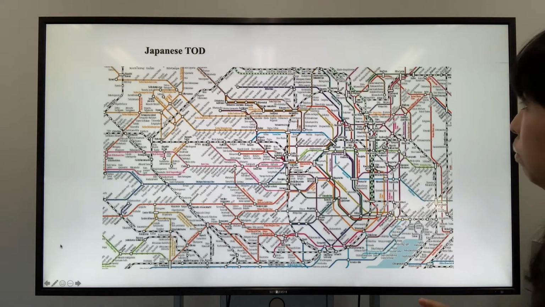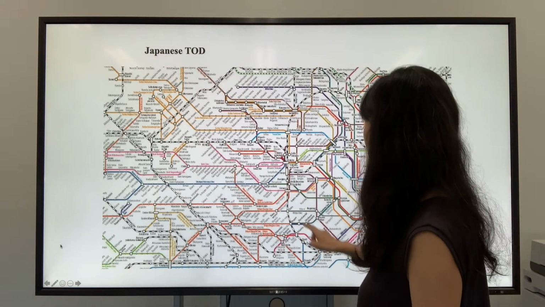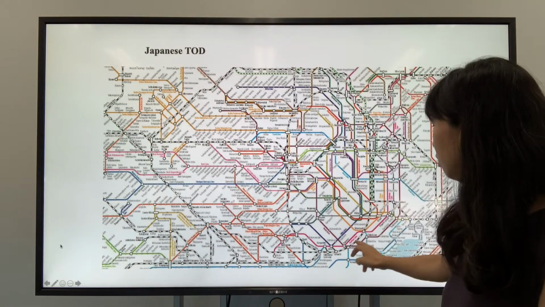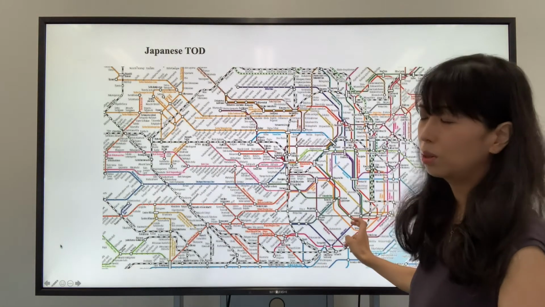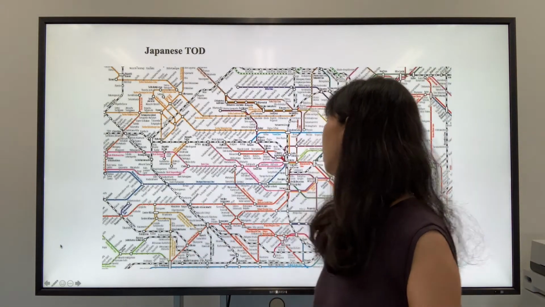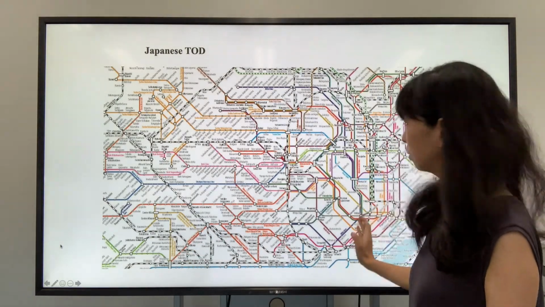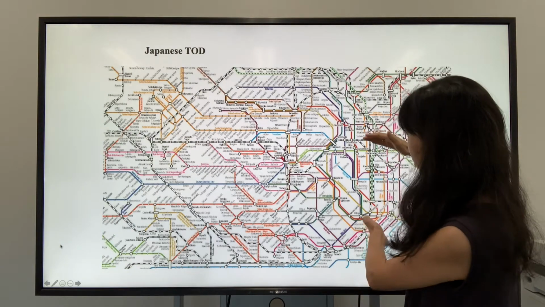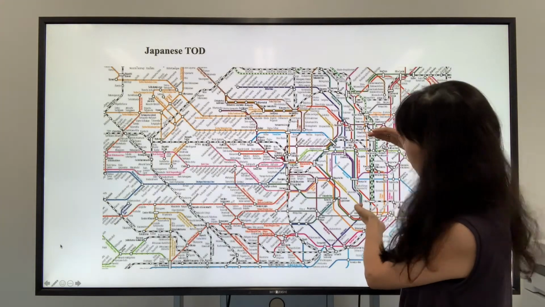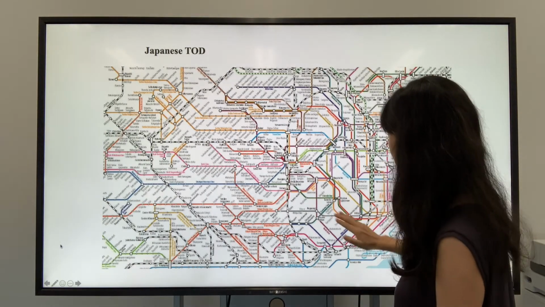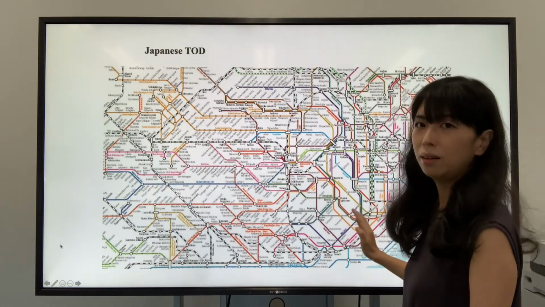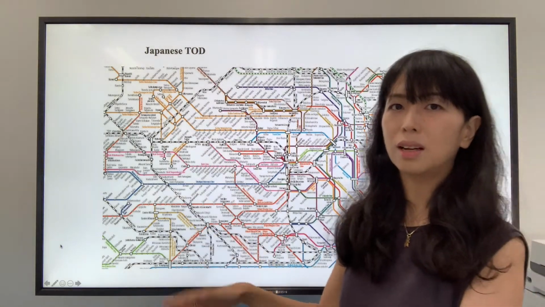So these are the most commonly known private railway companies in Tokyo. If I zoom in, this is the loop that I'm talking about. This is the Yamanote line, and currently you can see that it is forming a loop. However, before 1932, meaning before the earthquake, this wasn't forming the loop. It was actually disconnected at this point. The reason why it was disconnected is because around this area here, it was a very densely built up area with wooden constructed houses.